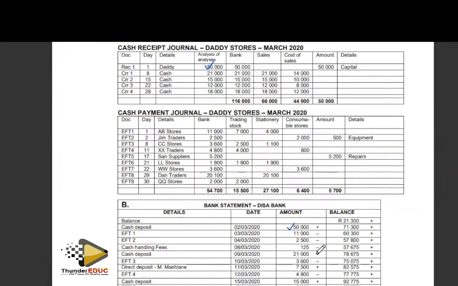Remember, I said I'm only first looking for the, sorry. Just a moment. We are comparing the bank account, not the cash receipts. This is what I'm looking for.